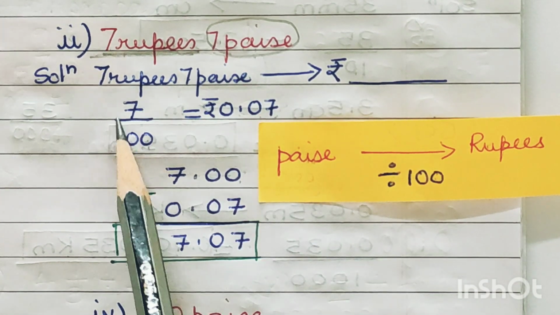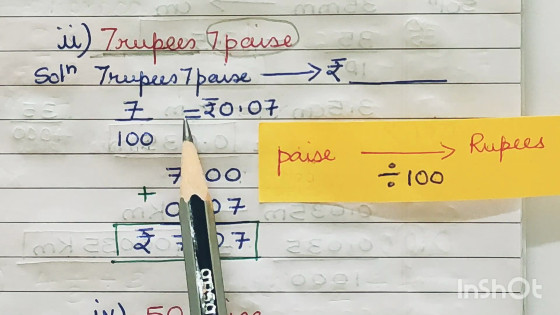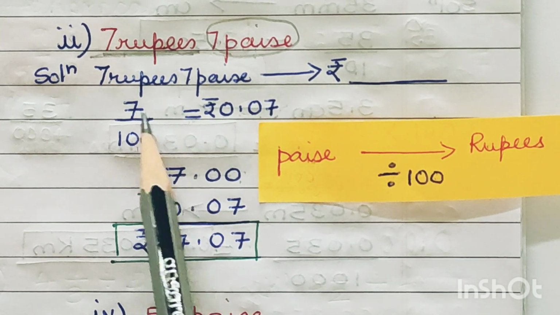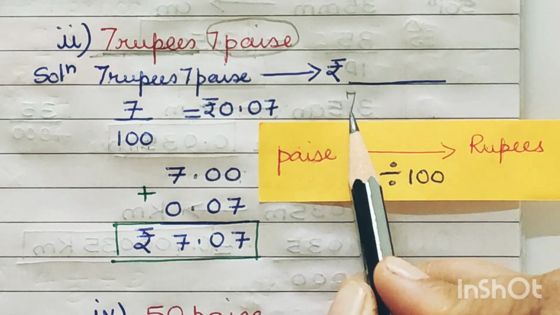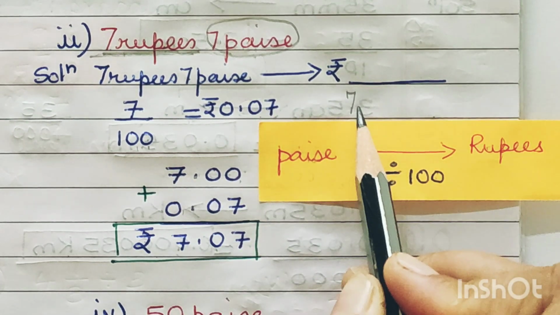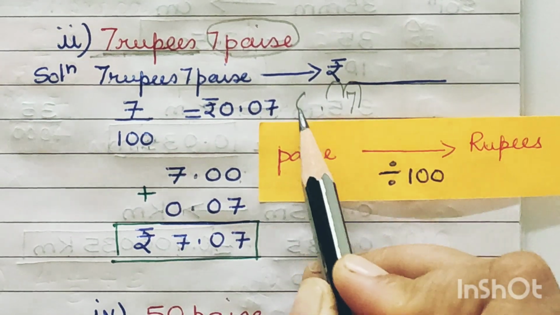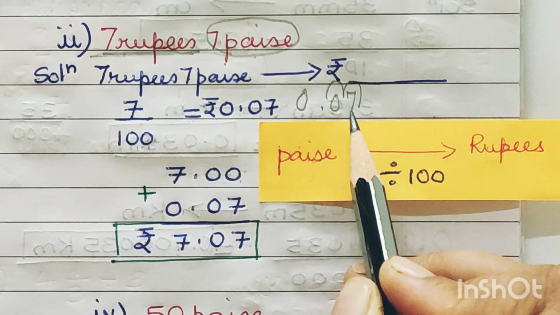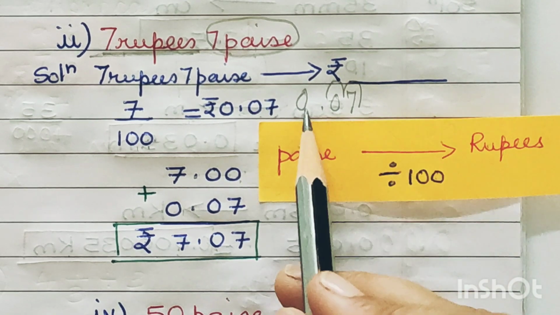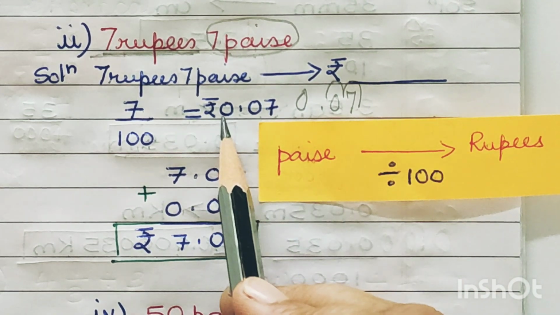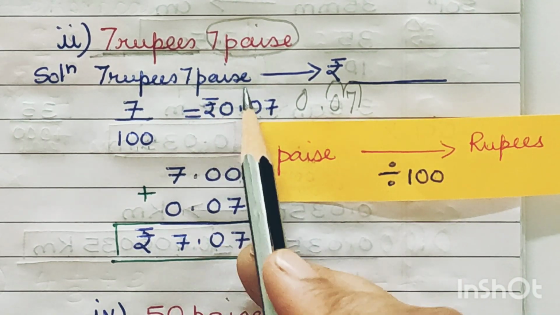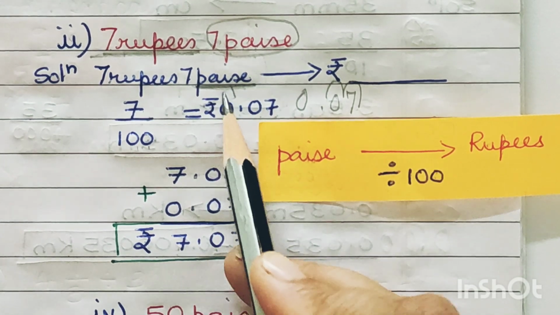So 7 divided by 100: for the whole number the point is here, so you move 2 places because it is divided by 100. So 0.07 rupees. Now you already got the paise converted to rupees.